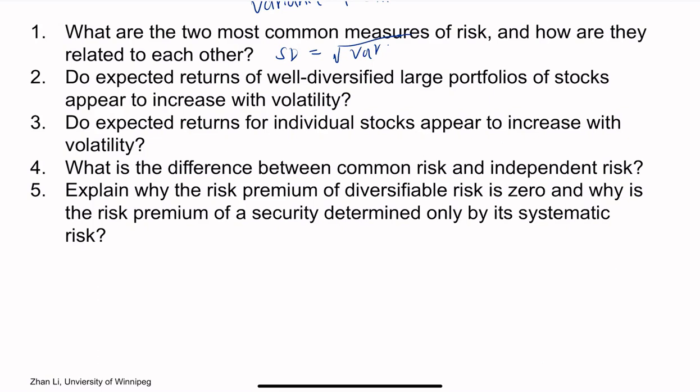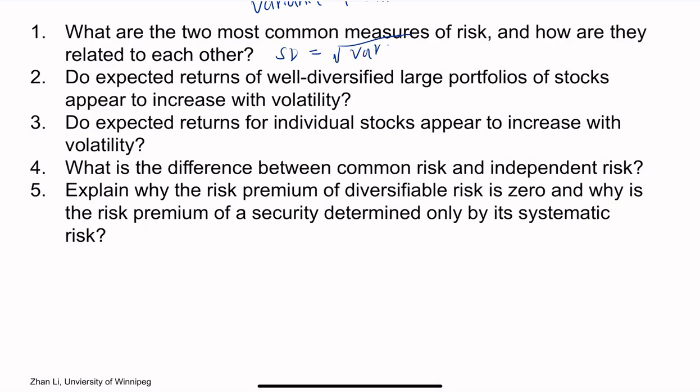Here, without resorting to probability theory, let's just say common risks are risks that are perfectly correlated, and independent risks are independent. And obviously, if risks are independent, then they're uncorrelated. So correlation here plays an important role in determining whether risks are common or independent.